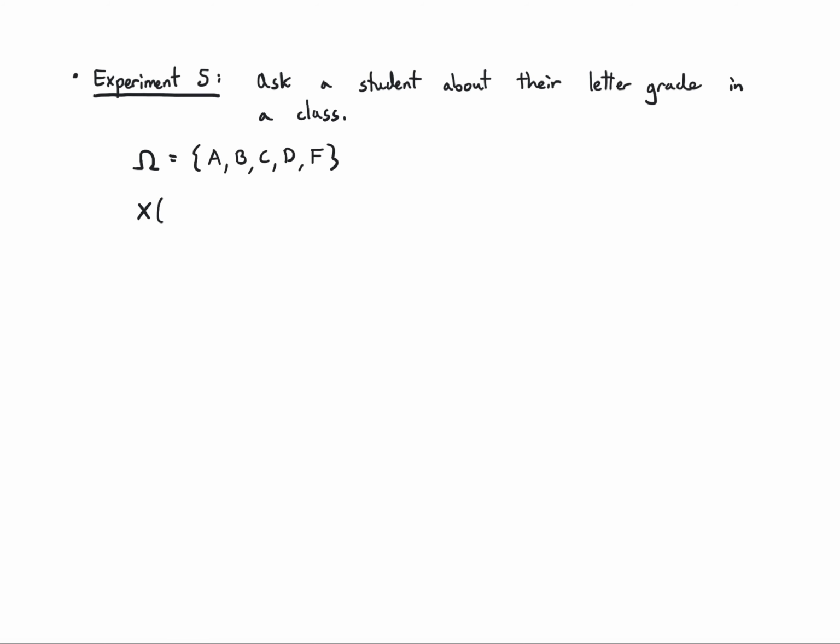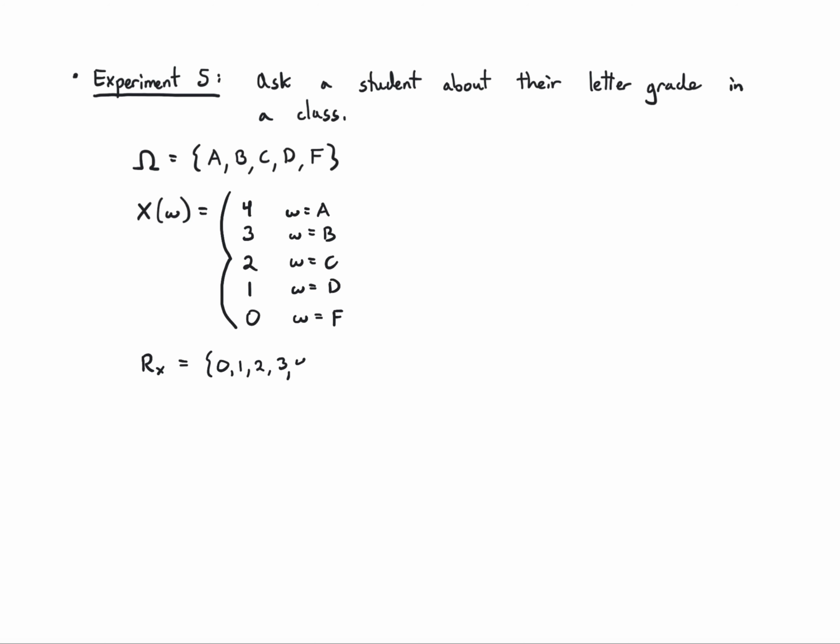The way I'm going to map this to a random variable is to use grade points. So I'm going to assign x of omega to be 4 when it's an A, 3 when it's a B, 2 when it's a C, 1 when it's a D, and 0 when it's an F. So the range in this case is just 0 through 4.